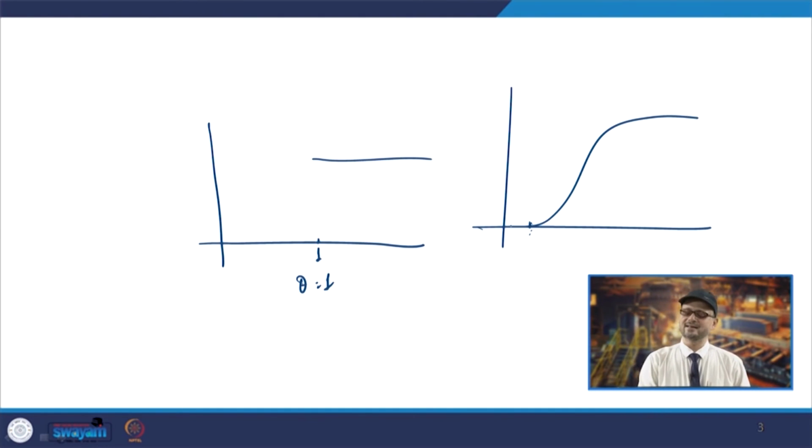So, ideally your mixing has, if theta had been 1 here, ideally it has to start from here. But in actual case there is no flow which is ideally plug flow or ideally mixed flow.